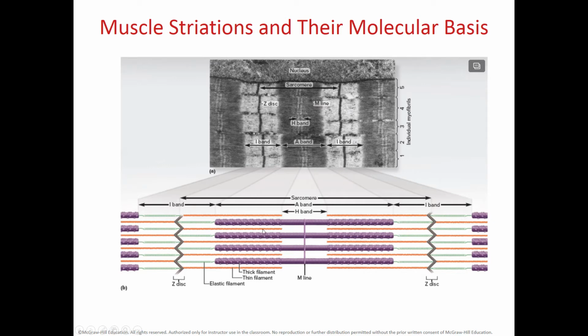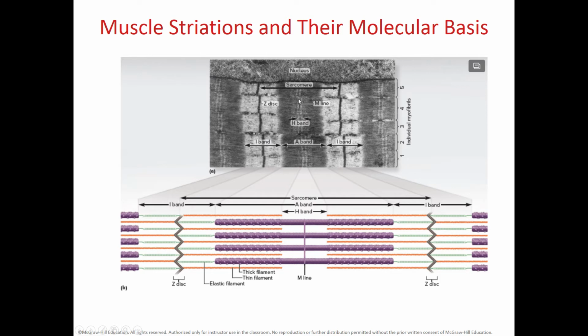And this is the corresponding filaments for each band. So bare zone of thick filaments for the H band, in the middle of the A band, which is this, and in the A band you have a much denser area than the thin filaments, which is here, because you have thick and thin filaments overlapping.